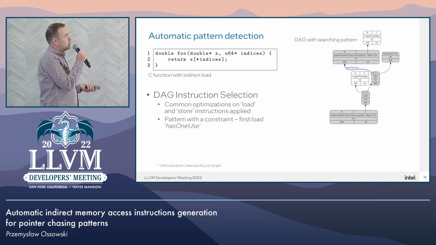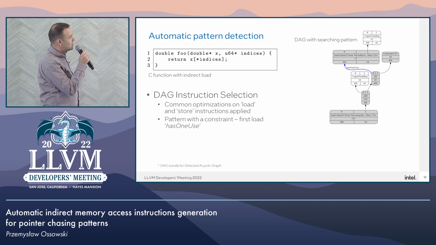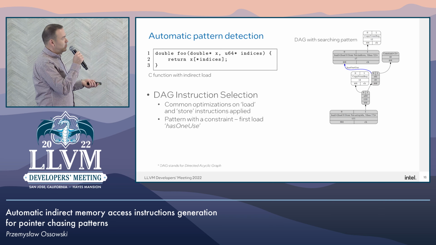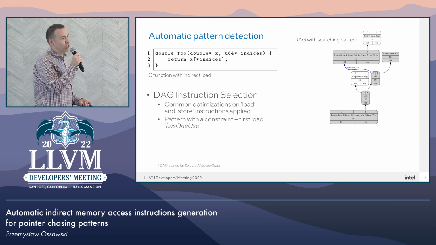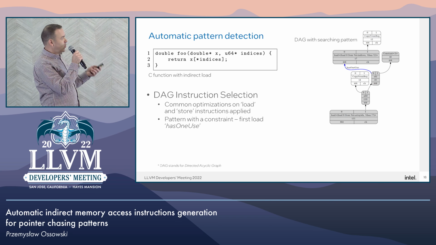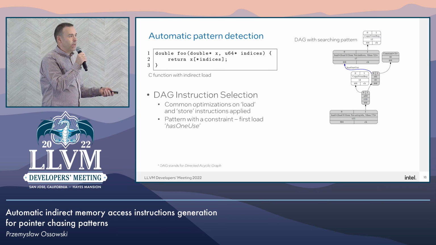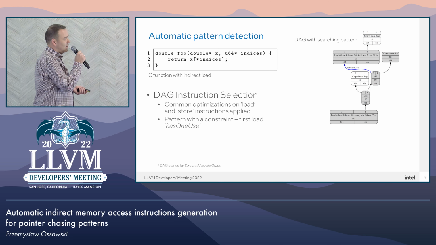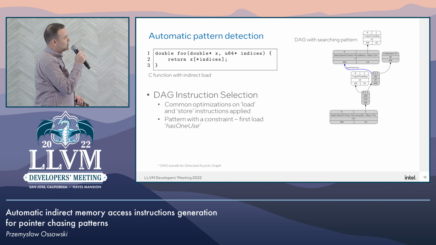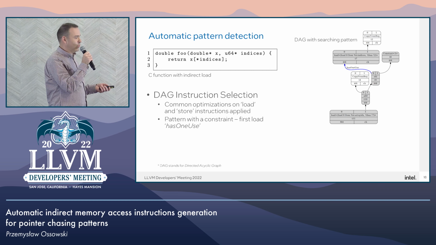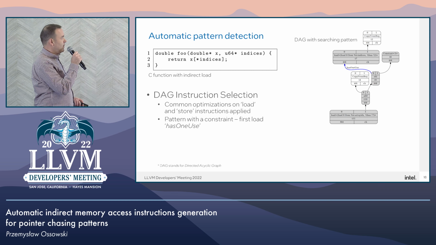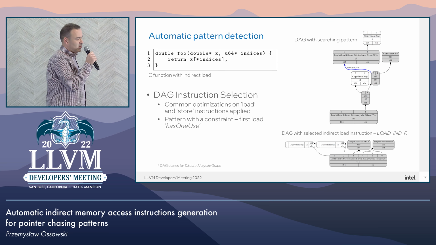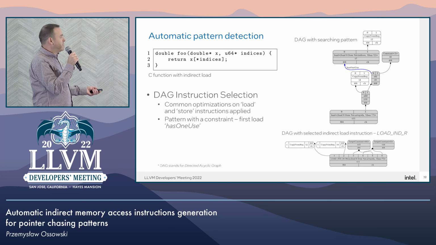One important thing we have to take into consideration in this case is that the result returned by the first load has to be used only by the following load. Otherwise, emitting a load indirect doesn't make sense, because we have to execute the first load either way.